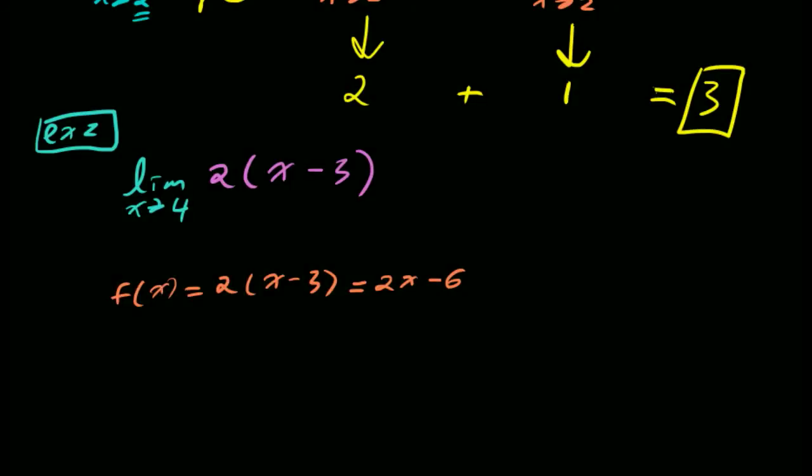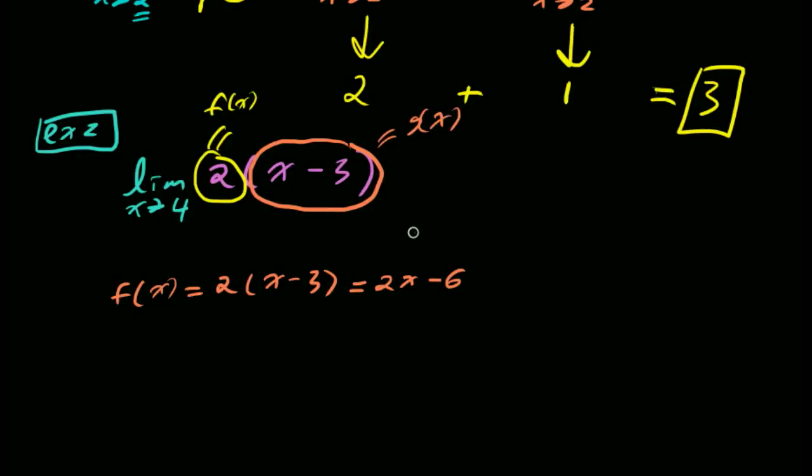And what we're going to say is that this 2 right here is going to be our f of x part of the function. And this x minus 3 term over here is going to be our g of x part of the function. So if we wanted to, we could have just multiplied this 2 into the function and gotten 2x minus 6.